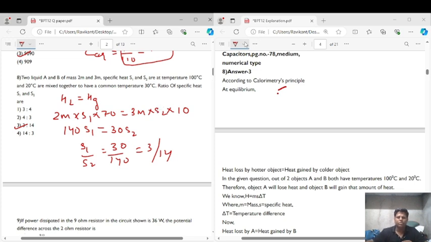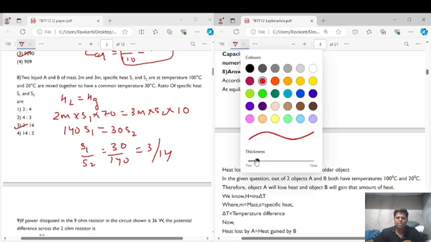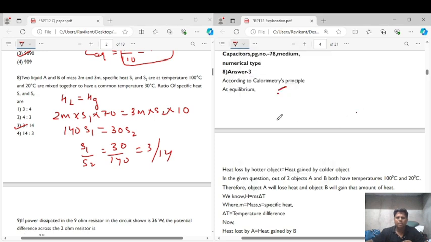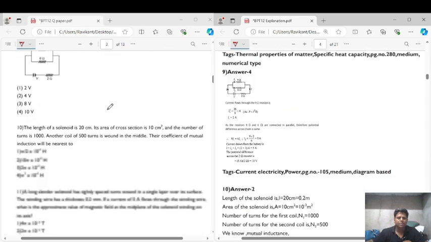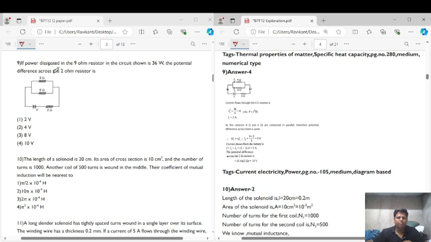Now let's get into question number 9. Question number 9 says that if the power dissipated in the 9 ohm resistor in the circuit shown is 36 watt, the 9 ohm resistor, right, is 36 watt. The potential difference across the 2 ohm resistor.